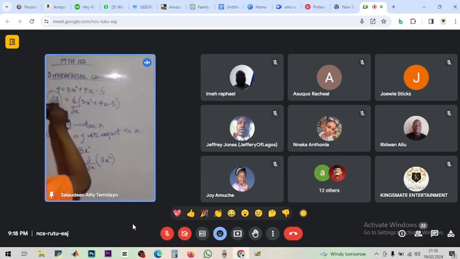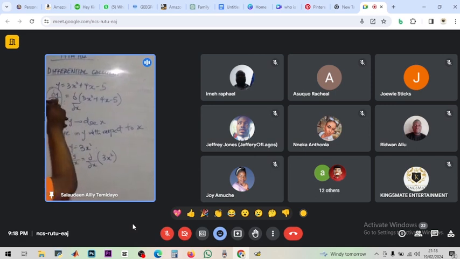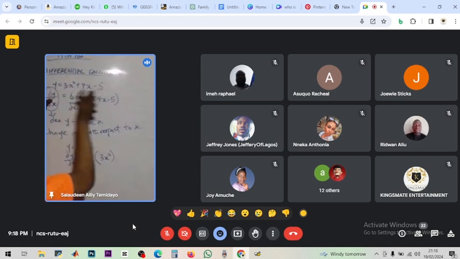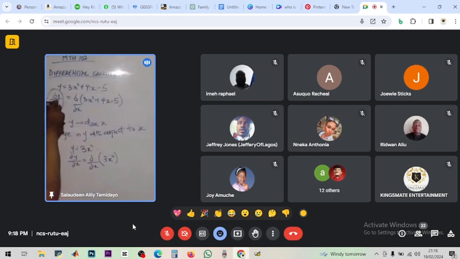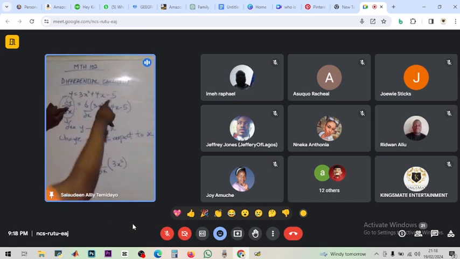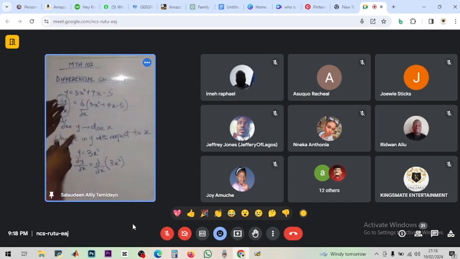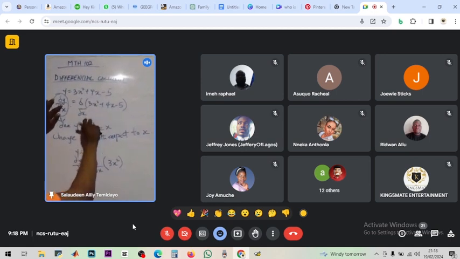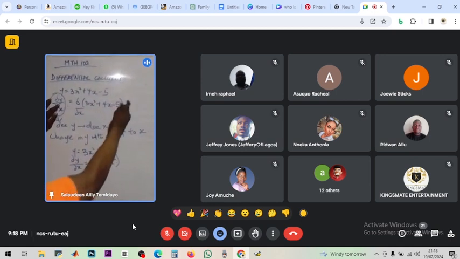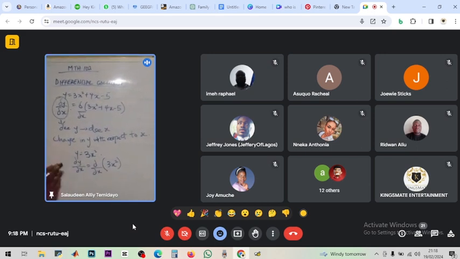So now dy dx equals d dx of this y. I can as well write it as the whole of this. Instead of writing dy, I'll just write d dx of 3x squared plus 4x minus 5. I'm using this as a simpler method to explain it.